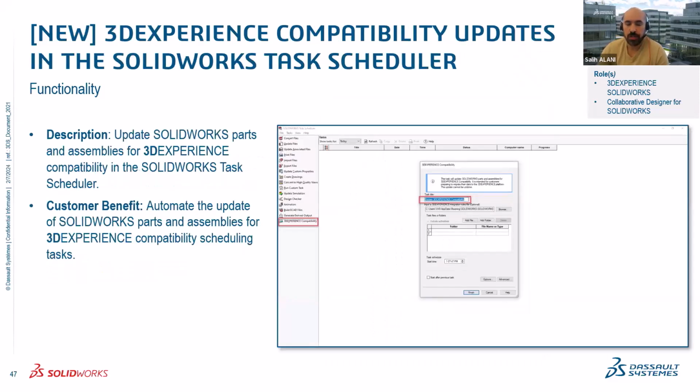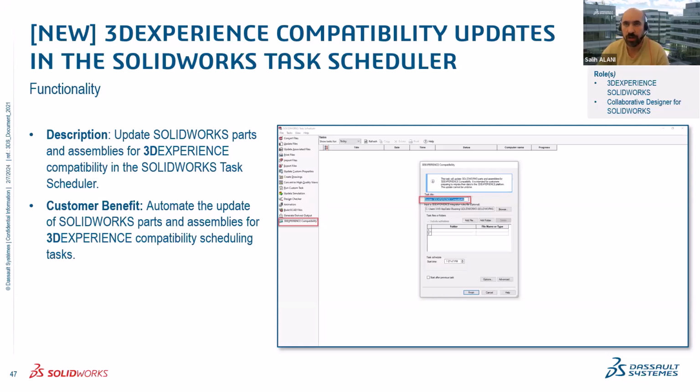Also, as you know, last year we introduced the concept of 3D Experience compatibility, where you map your configuration with the representation. In addition to that, we added a task in the task scheduler where you can take all your existing data and convert it from configuration to physical product and representation.